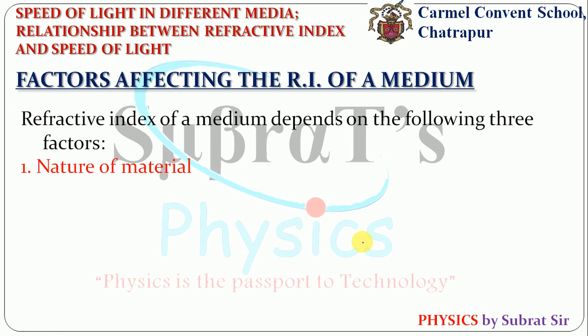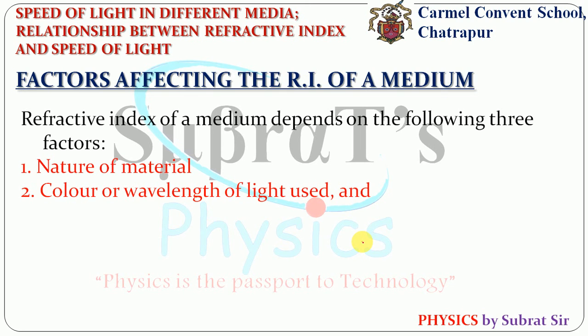The next one is the color or wavelength of light used. The speed of light of all colors is the same in air, but in any other transparent medium, the speed of light is different for different colors. In a given medium, the speed of red light is maximum and that of violet light is least.